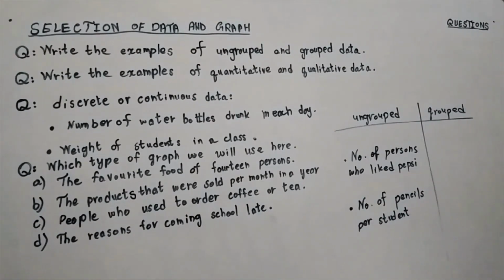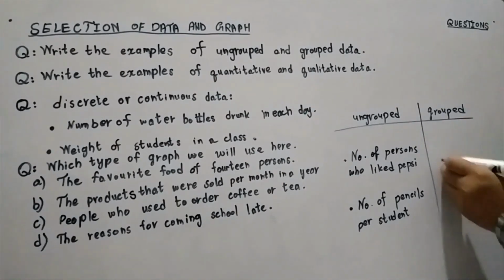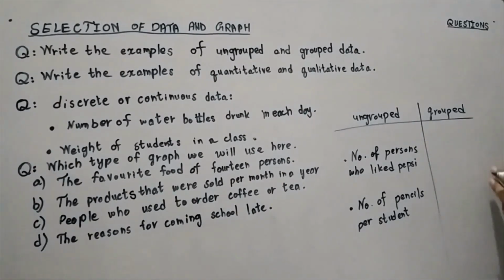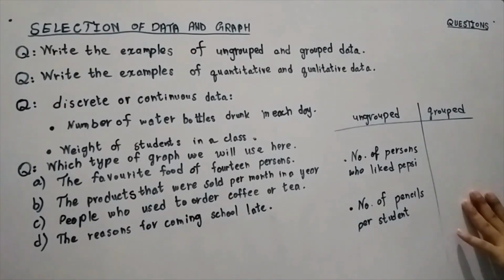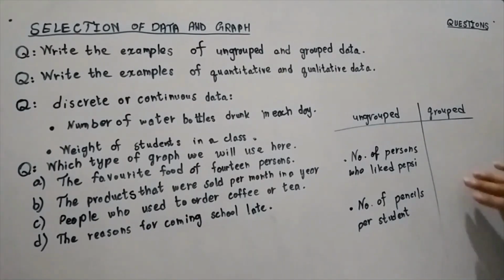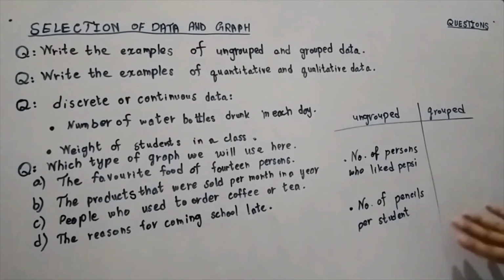So here we will get a distinct frequency. We can say 5 persons have 2 pencils, 3 persons have 4 pencils, 2 persons have 1 pencil, and so on. So here we can get a discrete data, a discrete frequency of it.